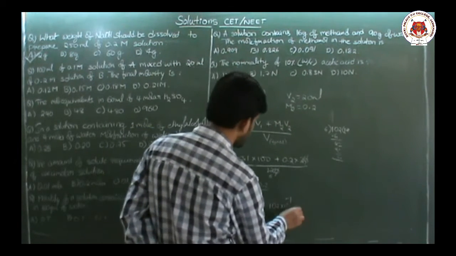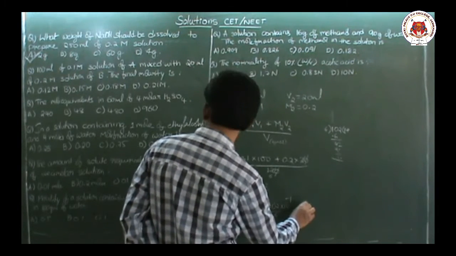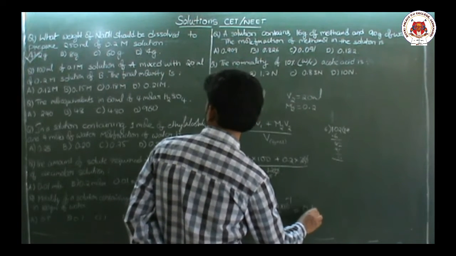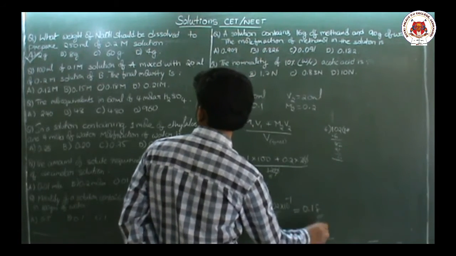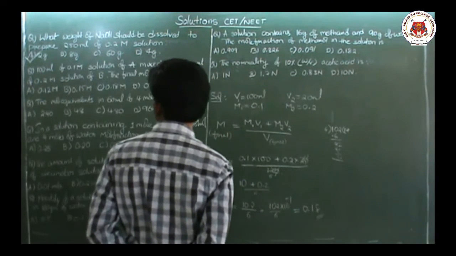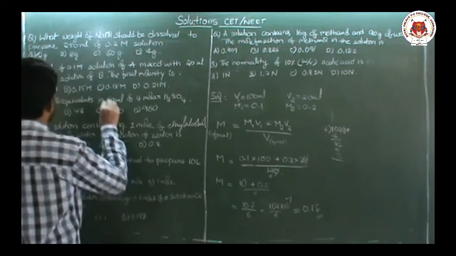So that means you got 17, which means approximately you can take 0.18. Okay, so the option is C, 0.18.